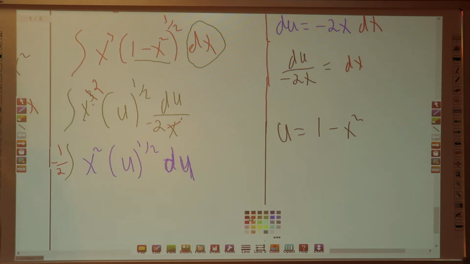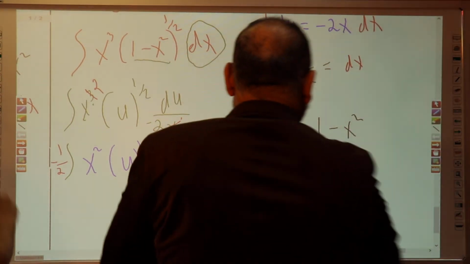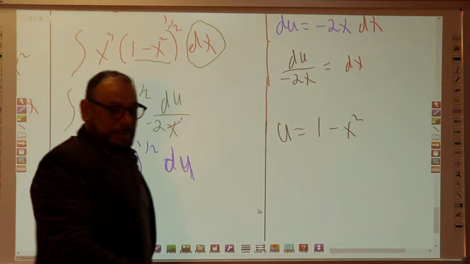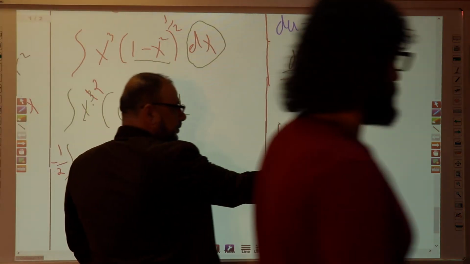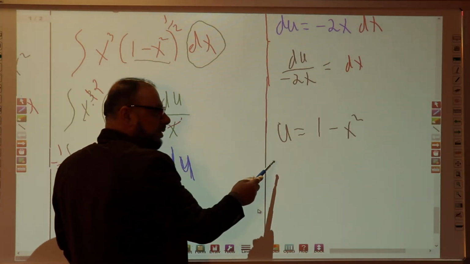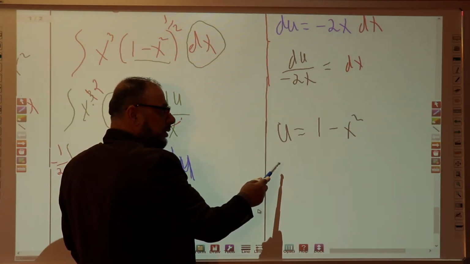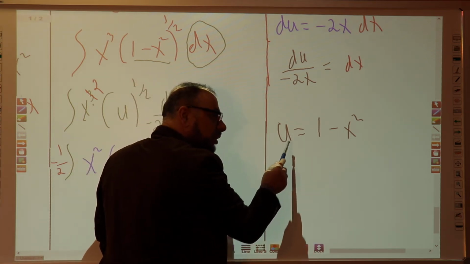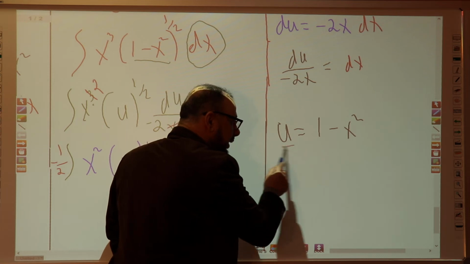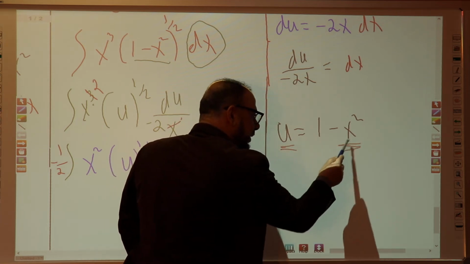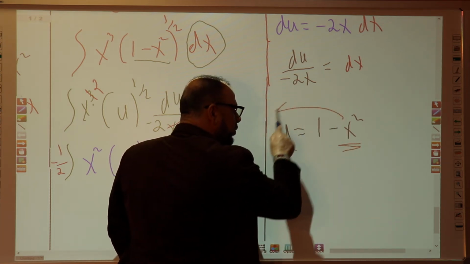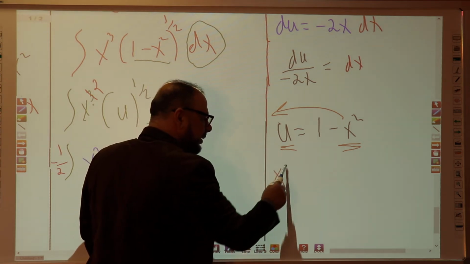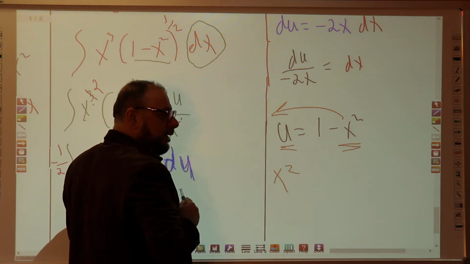Okay, solving for x squared. That means, come here, Ismail, see. He said plus x squared, right? Then we have to solve this for u. I need to solve it for what now? Then when you move x squared to this side it becomes x squared, right?